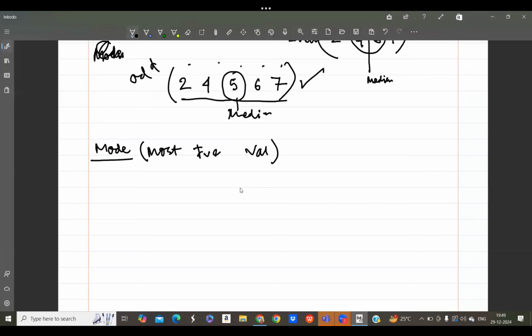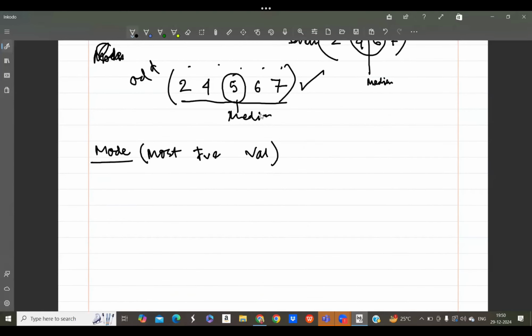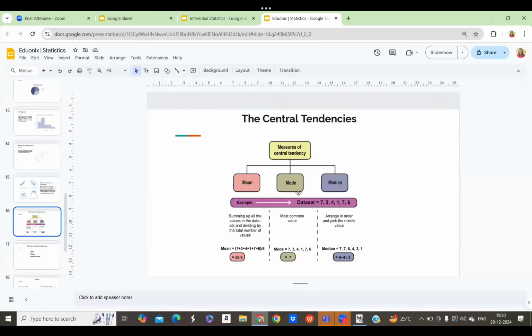And if you take this as your data point, you can see that 6 appears 2 times. It means 6 is your mode. Clear? Yes, ma'am.